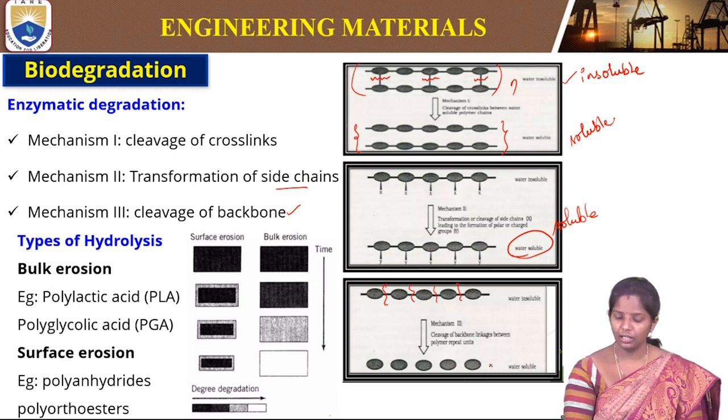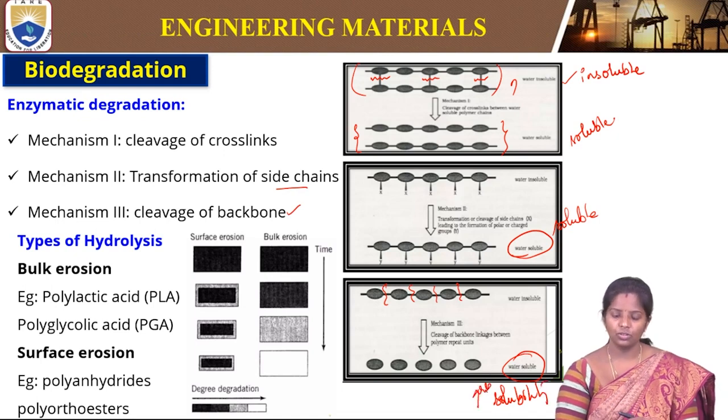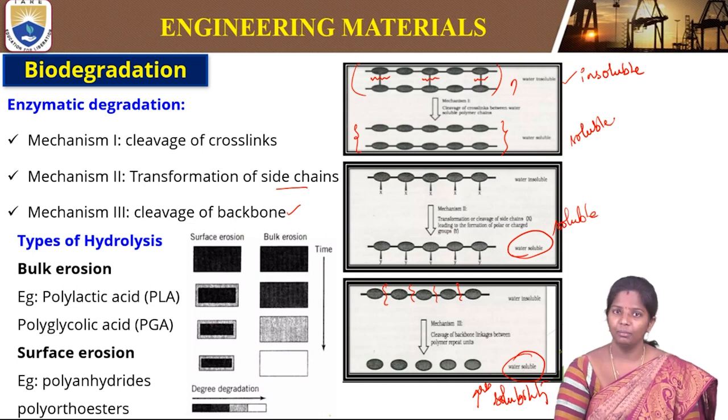When the main backbone is cleaved, solubility increases. That is how the enzymatic process goes on. There are different types of enzymes in action, leading to cleavage of bonds and ultimately degrading the material.